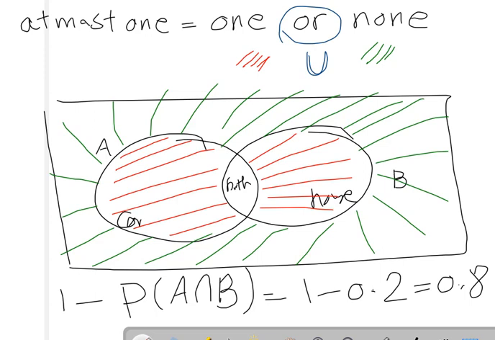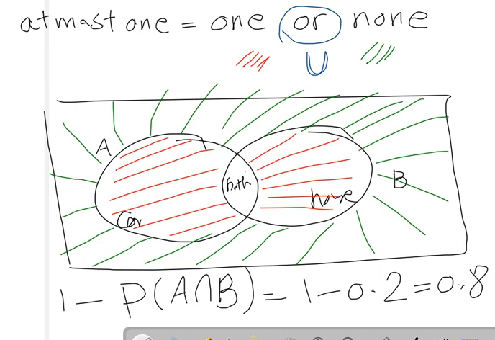The complement of 1 or none is this blank area. It means both of them. So instead of obtaining it in a straight way, we use the proposition. What was the number of the proposition?